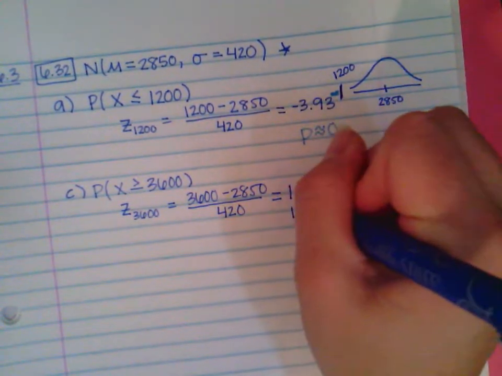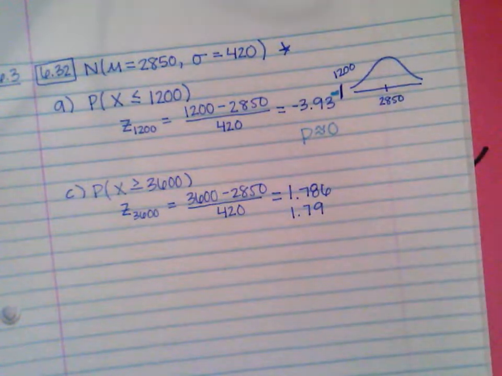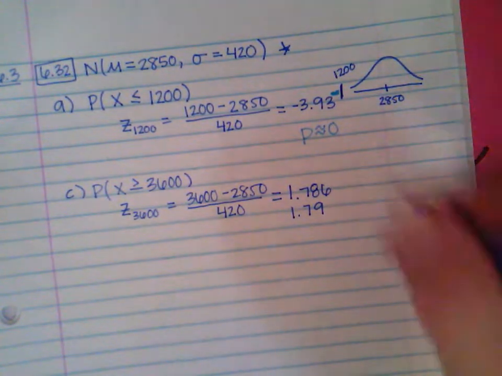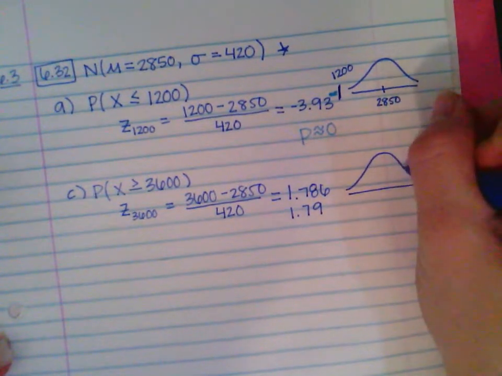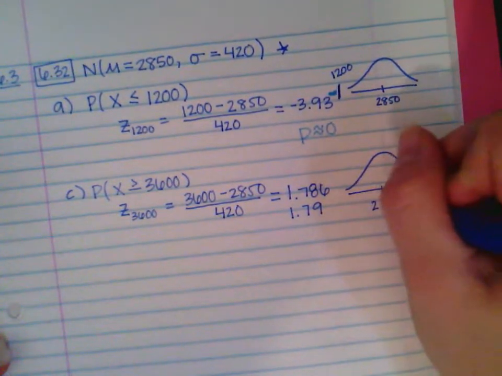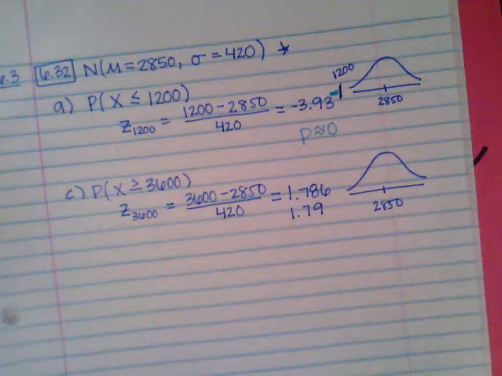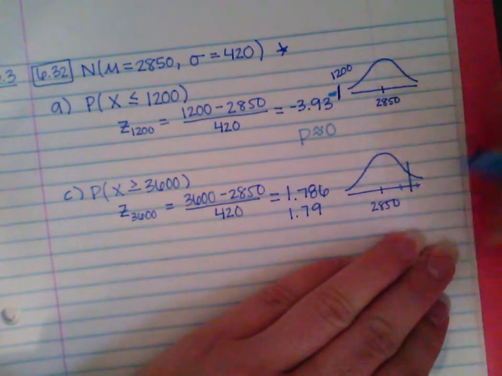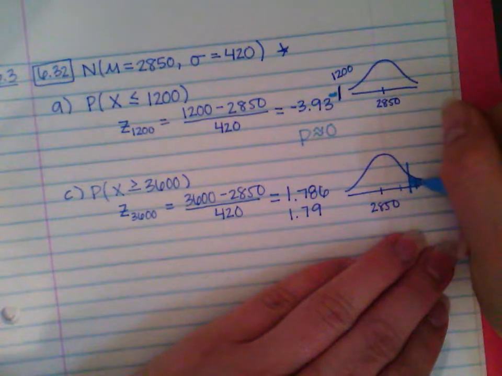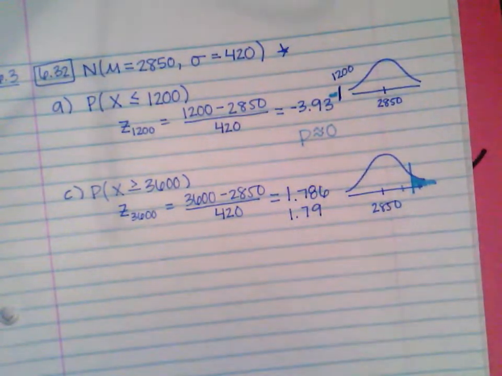Which I'm going to round up to 1.79 because I just need that for my chart. Now remember, your chart only gives you left-sided probabilities. So when I'm looking at this here, here's 1, 2, here's 1.79. I want this piece of my distribution right there.